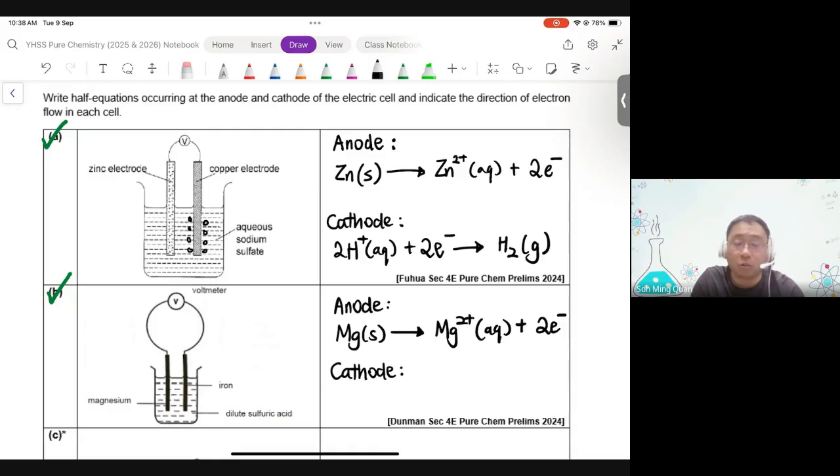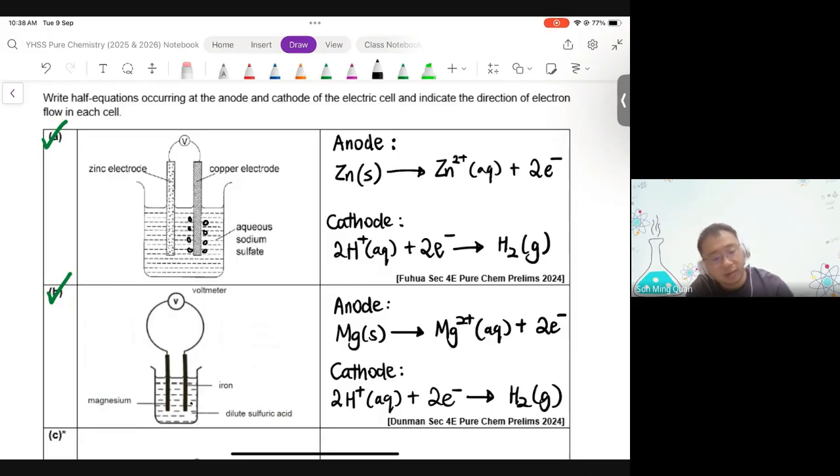Then at the cathode, what is reduced? You decide whether it is Mg2+ or H+ that is discharged. Look at the electrochemical series. H+ is lower than Mg2+. Therefore, H+ is again preferentially discharged. So at the less reactive metal, you see effervescence.